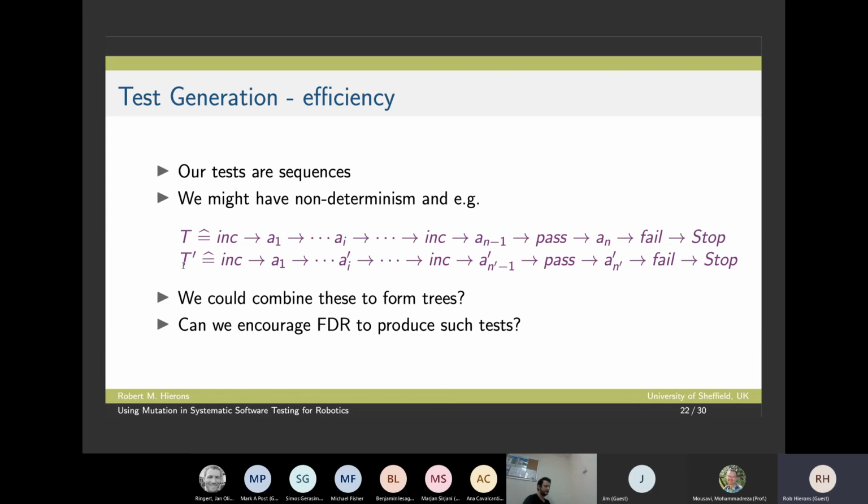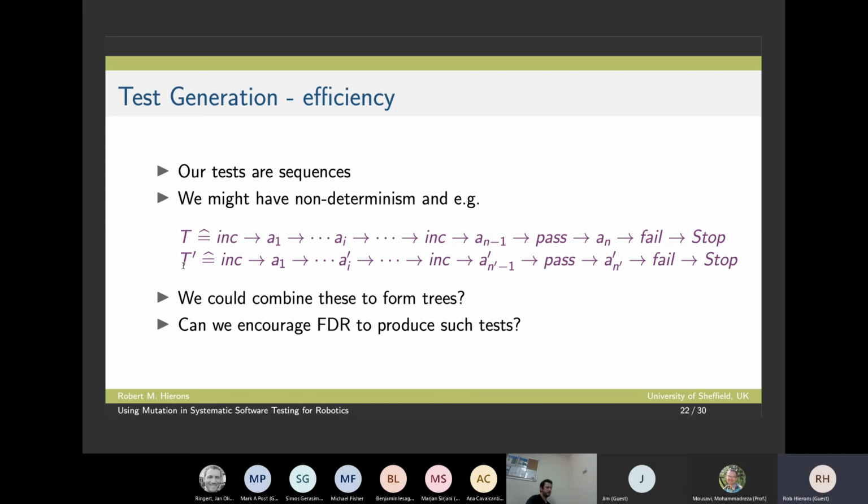So we could have a whole set of test cases that have some common prefixes that only diverge at points of non-determinism. And if we allow ourselves to move between these, then we potentially have less wasted test execution. A natural way of doing this is essentially just to combine these to form trees where that's feasible.